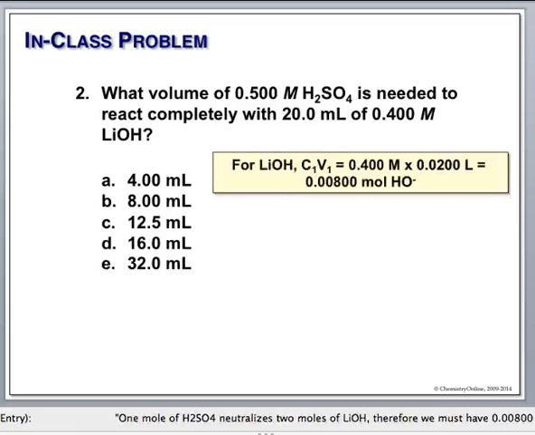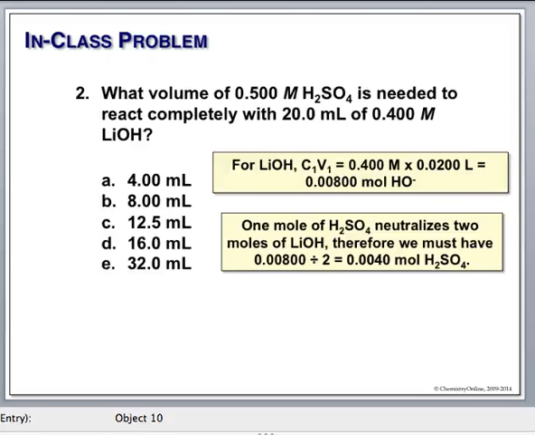We have 0.008 moles of hydroxide. Now it takes 2 moles of hydroxide for every mole of sulfuric acid, doesn't it? So we're going to divide that by 2. 0.004 moles of sulfuric acid.